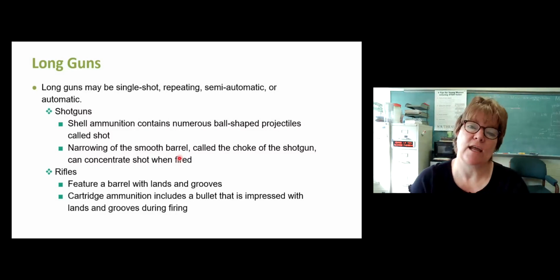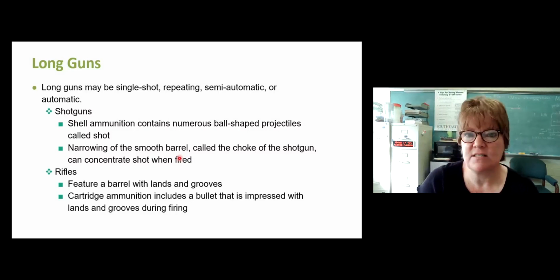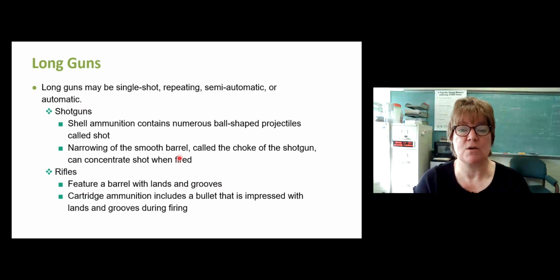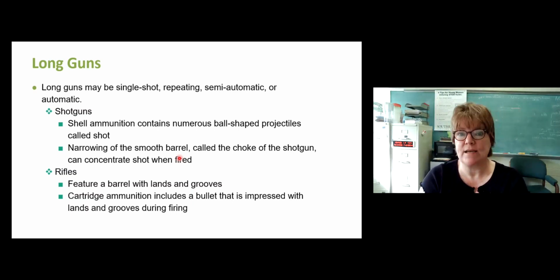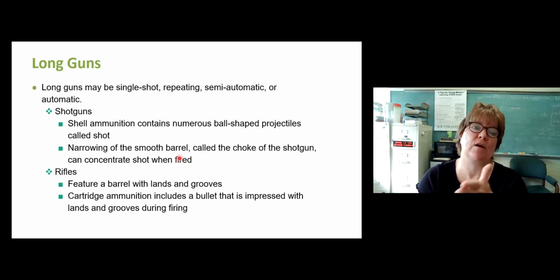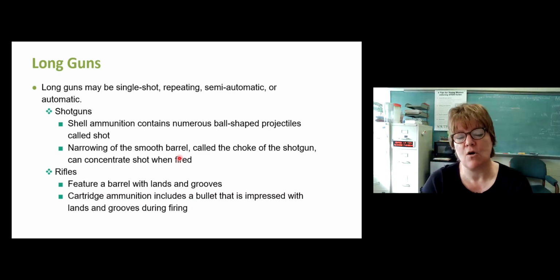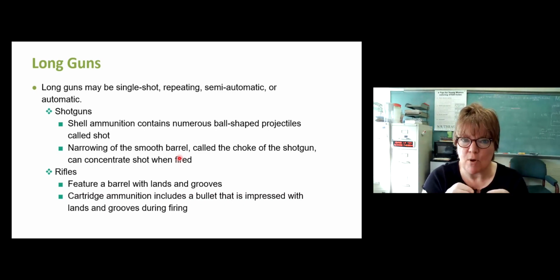Long guns, on the other hand, come in lots of varieties. Again, it could be a single shot, a repeating, semi-automatic, or automatic. So how many shots and how much you have to do to prepare the next shot are all features of them. And it's really broken up into two categories, shotguns and rifles. Shotguns have a shell that contains numerous little pellets or balls, and they call those shot.